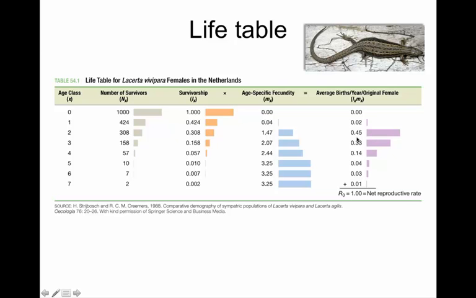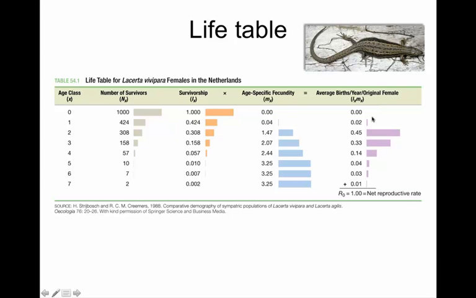Almost half of all of the births in this population are coming from the 2-year-olds, even though compared to the older lizards, they have less fecundity per female, but there's just a lot more of them, as shown here in this column, where there's how many female lizards of each age are there. There are a lot more lizards that are 2-year-olds than, say, 5-year-olds, so even though 5-year-olds have a greater fecundity, they have far fewer offspring total because there's just fewer of them.